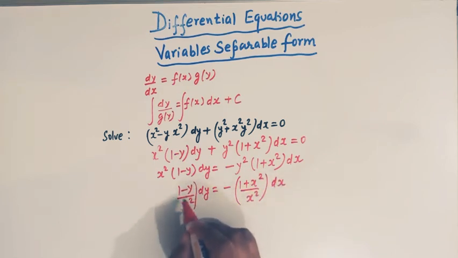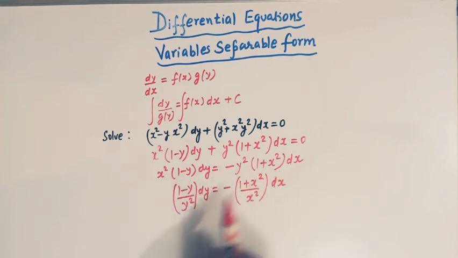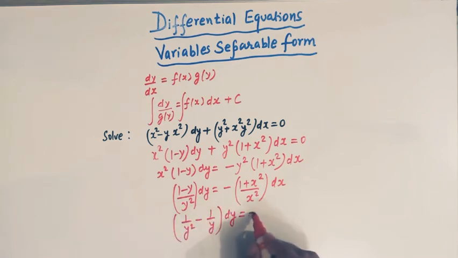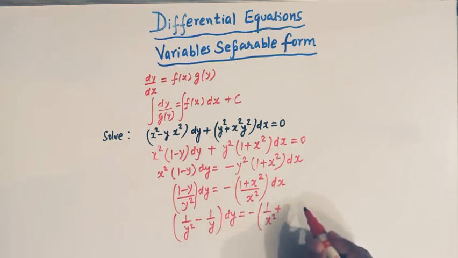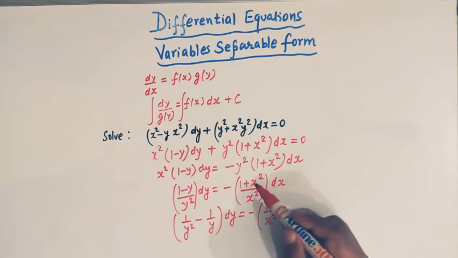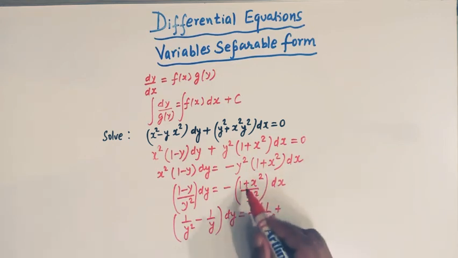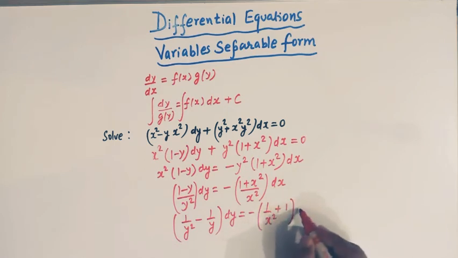So this is the separation of variables. Now this can be written as (1 over y square minus 1 over y) dy, and here we have (1 over x square plus 1) dx, right?